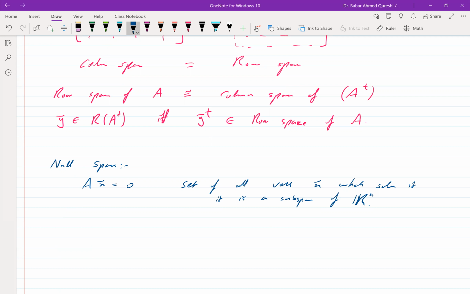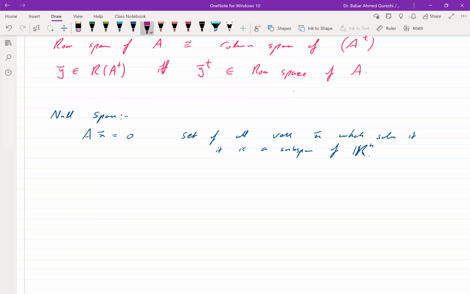Now, the claim is, this is a very interesting theorem. If A is any m by n matrix, then the null space of A is equal to the orthogonal complement of the column space of A transpose.